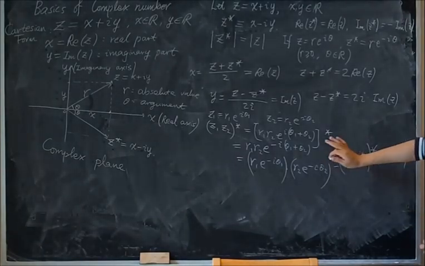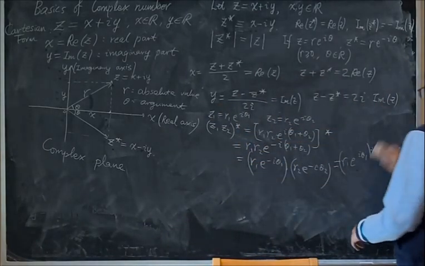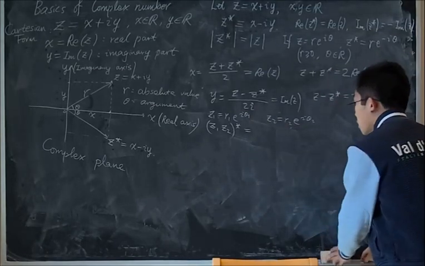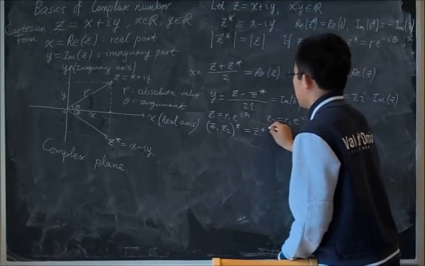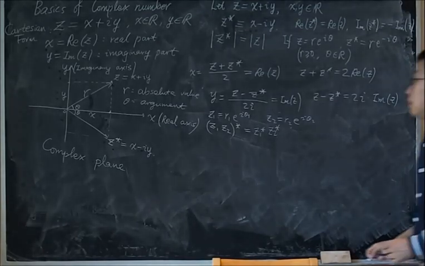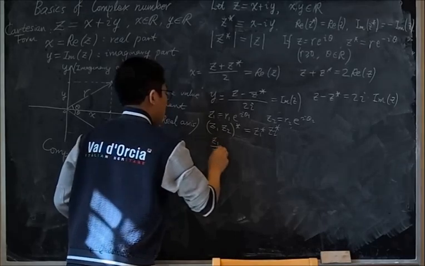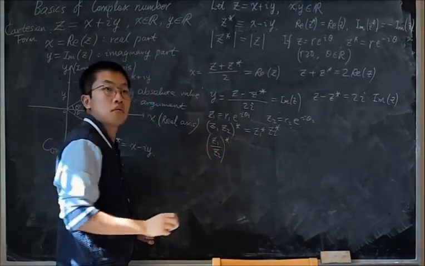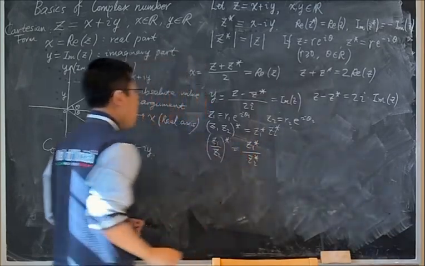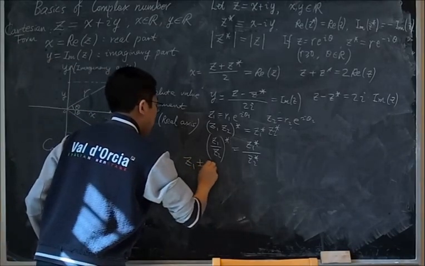So after all these, I can conclude that the conjugate of z1 z2 equals z1 star, z2 star, right? And in a similar way, we can prove that the division is just z1 star over z2 star.